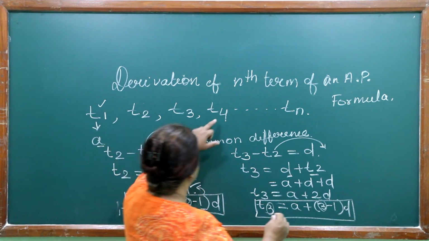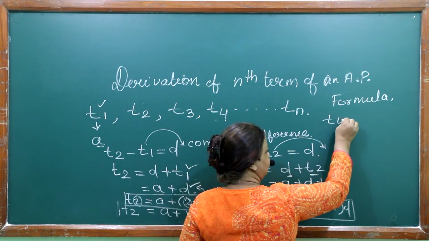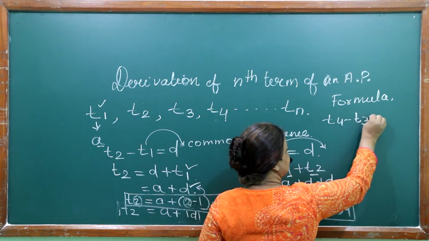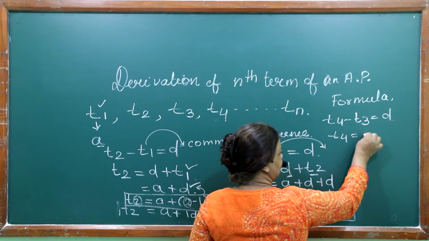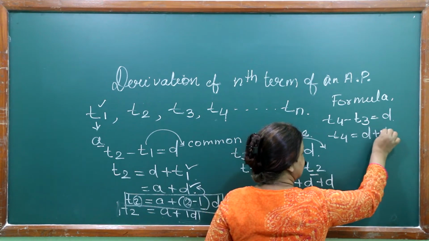Now if I go for the fourth one, T4 minus T3 is equal to D, the common difference. So T4 is equal to D plus T3.